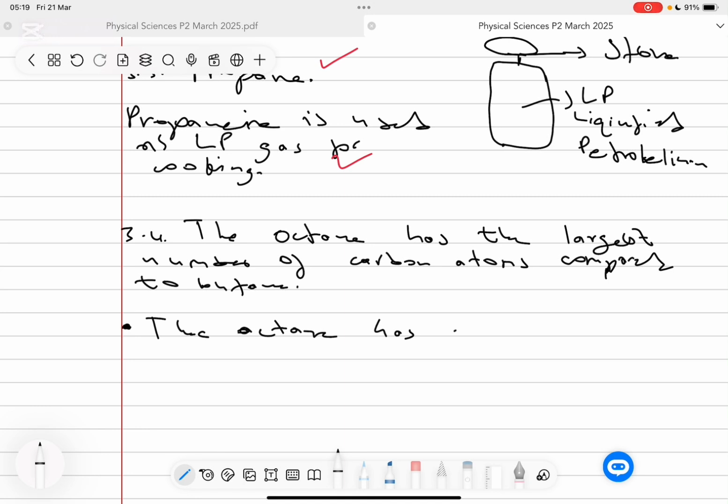Octane has a larger molecular mass and density than butane has.